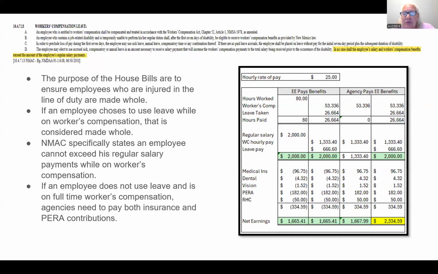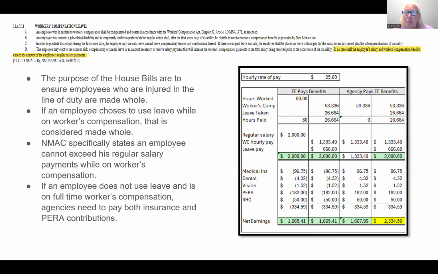Here is where it gets interesting. So in the third column, he goes out on workers' comp, and workers' comp only pays for 53.336 hours. That's the rate of workers' comp. It pays for, I believe, 66.6% of your wages, which means his workers' comp pay would be $1,333.40. That would be what he takes home.